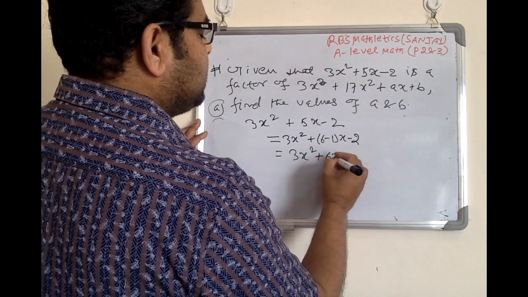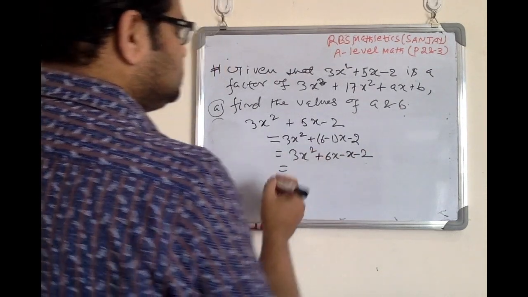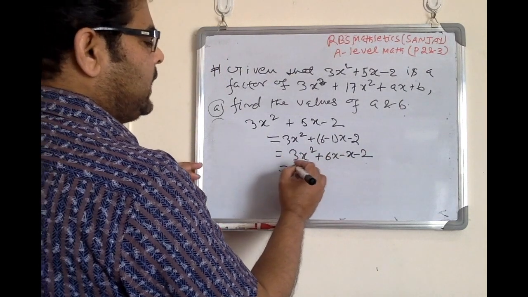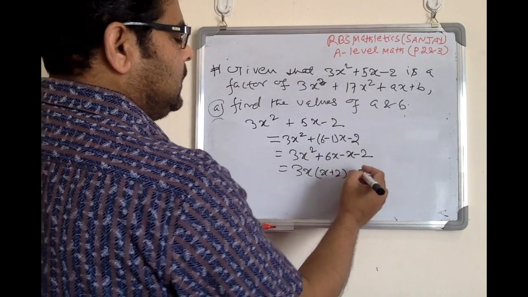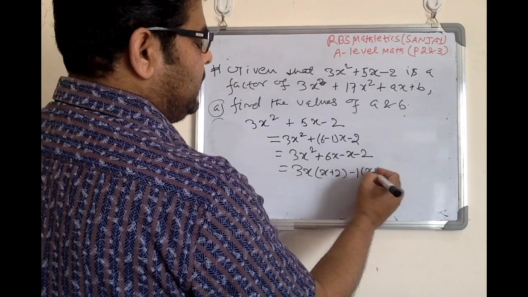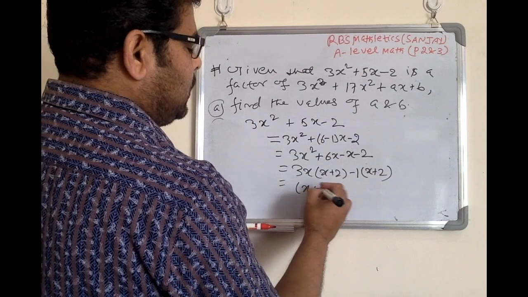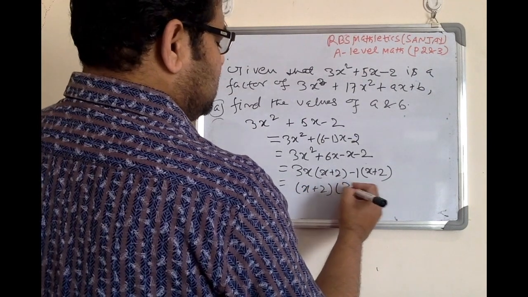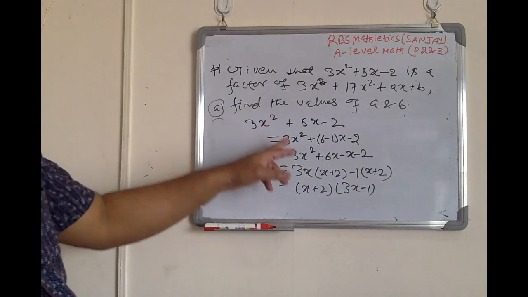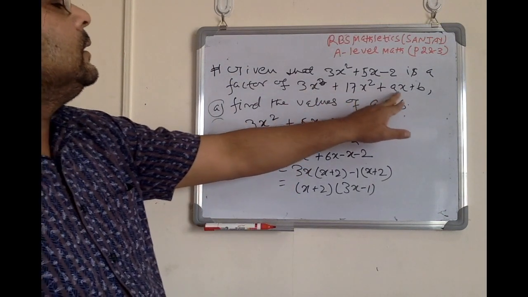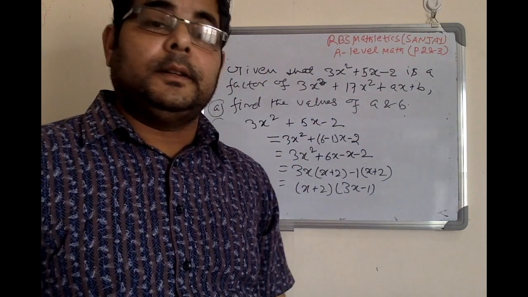So this is 6x minus x minus 2. Then 3x is common, so it is x plus 2, and here minus 1 is common, so it is x plus 2. Finally we have x plus 2 common, and then 3x minus 1 common. So we factorize the polynomial that is going to divide the given polynomial exactly, leaving no remainder.